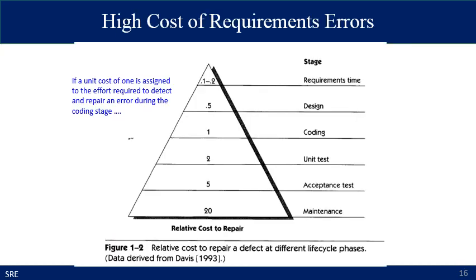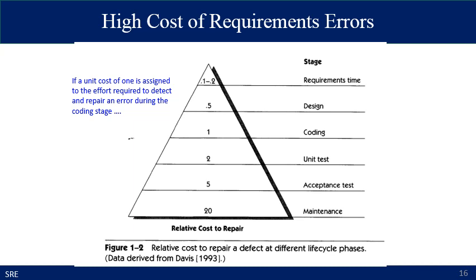So as I described earlier, the cost of correction is very high if you discover a fault in your requirements, or a discrepancy between your requirement document and the needs of the user.